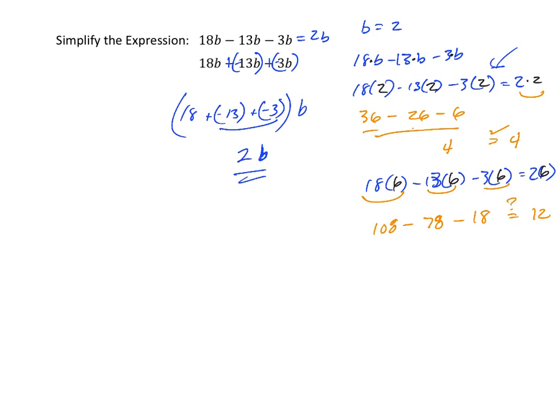So our question is, if we did this right, we plug a 6 in here, it should come out equivalent. Well, 108 minus 78 is 30, minus 18, well, that's 12. And this is 12, so yep, I've simplified correctly. This statement is true. Those are equivalent statements.